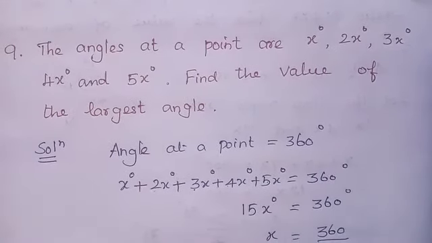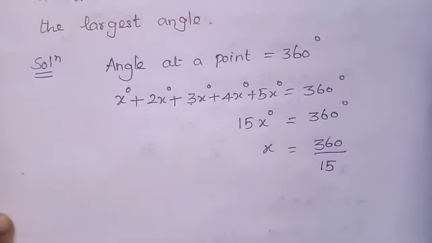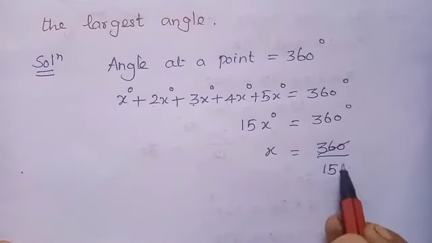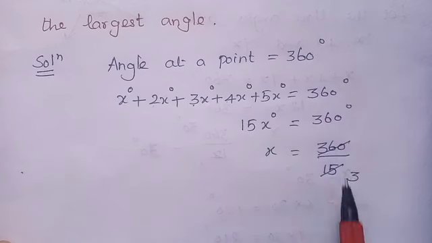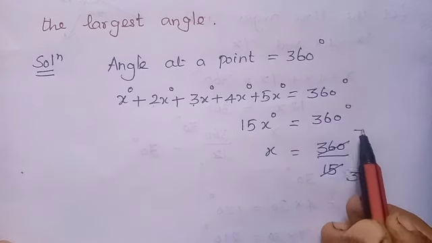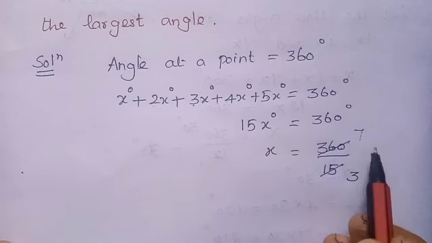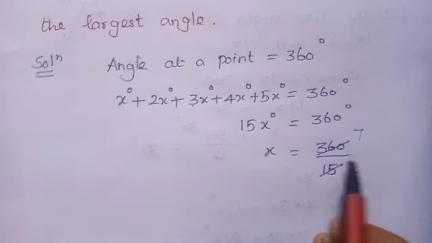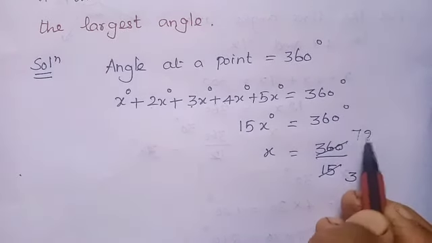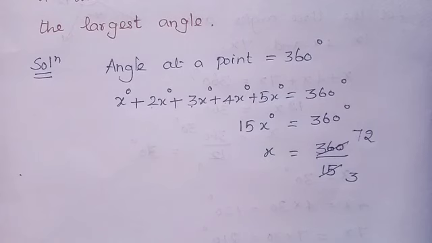x is equal to what? 360 divided by 15. Okay. Using the 5 table, first we can cancel these numbers. 3 5s are 15. Here, 7 5s are 35, 10 remaining. So 2 times, 2 5s are 10.